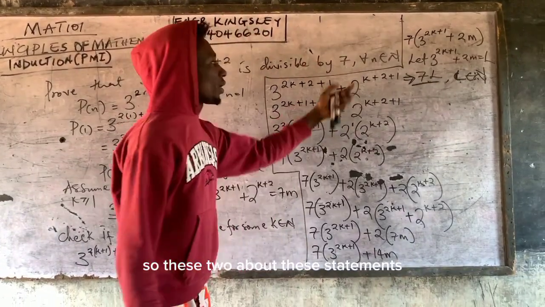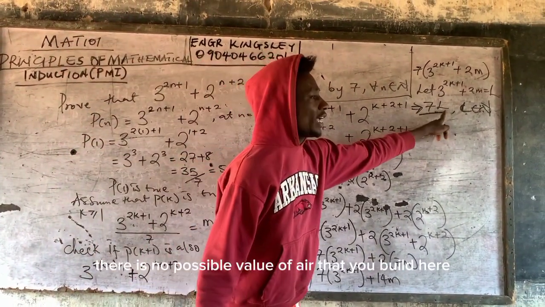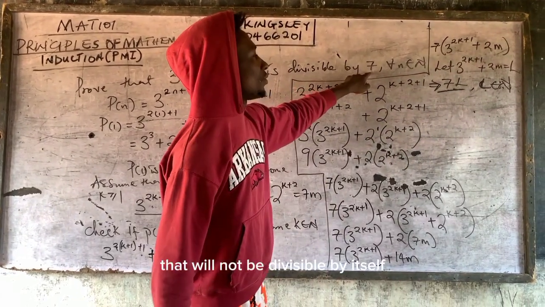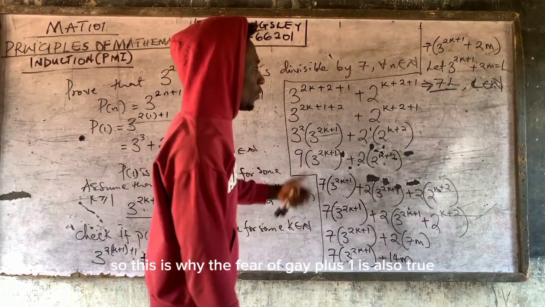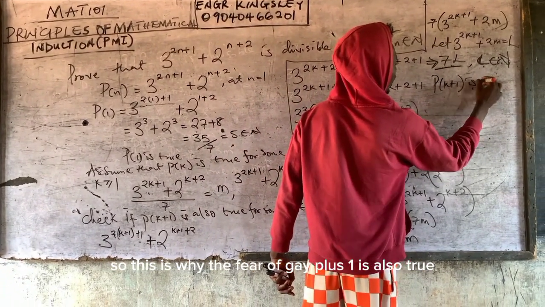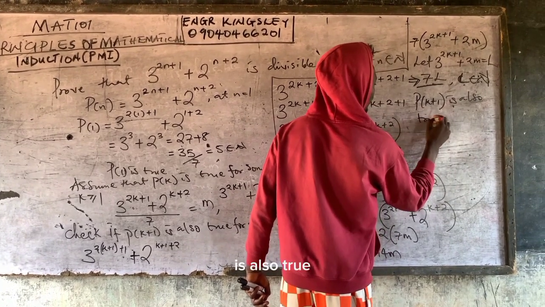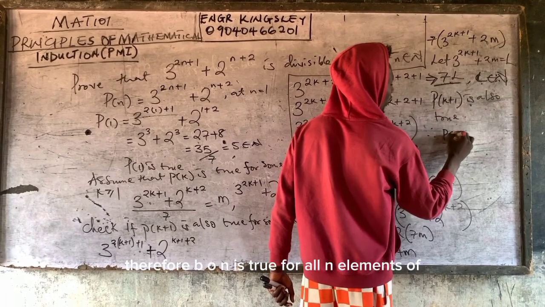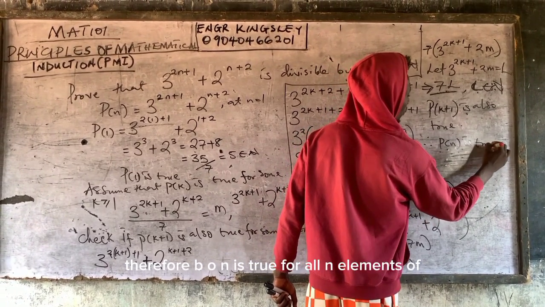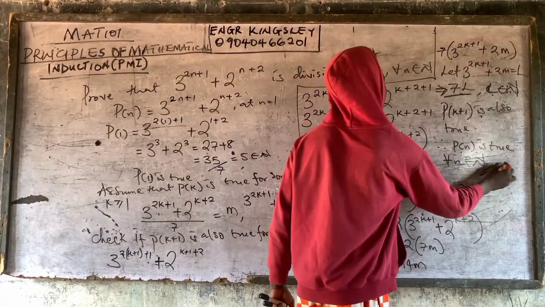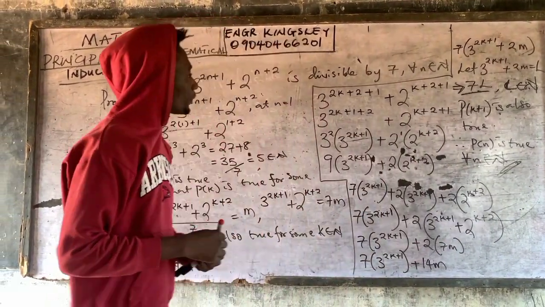So this is true about this statement. There is no possible value of m that you input here and multiply by 7 that will not be divisible by 7. So this implies that P of k plus 1 is also true. Therefore, P of n is true for all n elements of natural number, and that completes the proof.